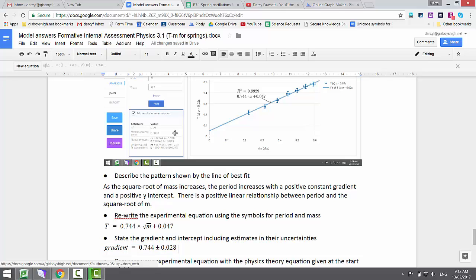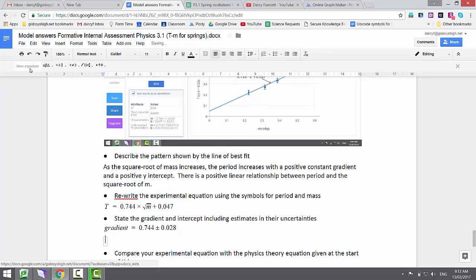Now let's do the same thing for the y-intercept. Y-intercept equals, well, we knew it was 0.047, and it's got an uncertainty as well.